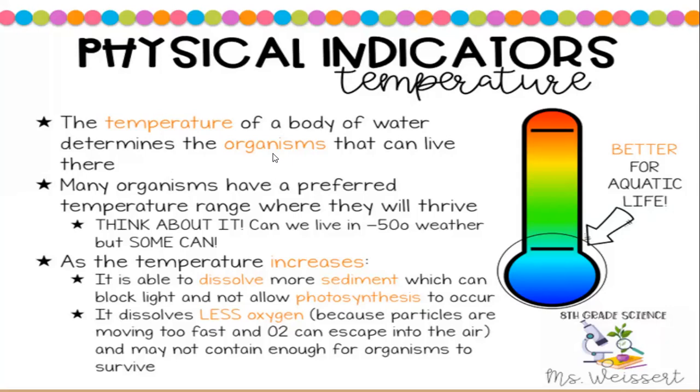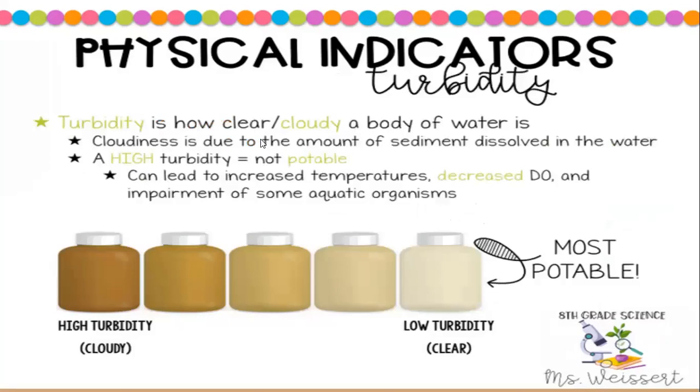It also can dissolve a lot more sediment as the water temperature is warmer. That can block out the sun and make it difficult for photosynthesis to happen. And we talked about last week how the ocean and our freshwater sources get oxygen in them by either the waves that are created, or from the plants giving off oxygen because they go through photosynthesis.